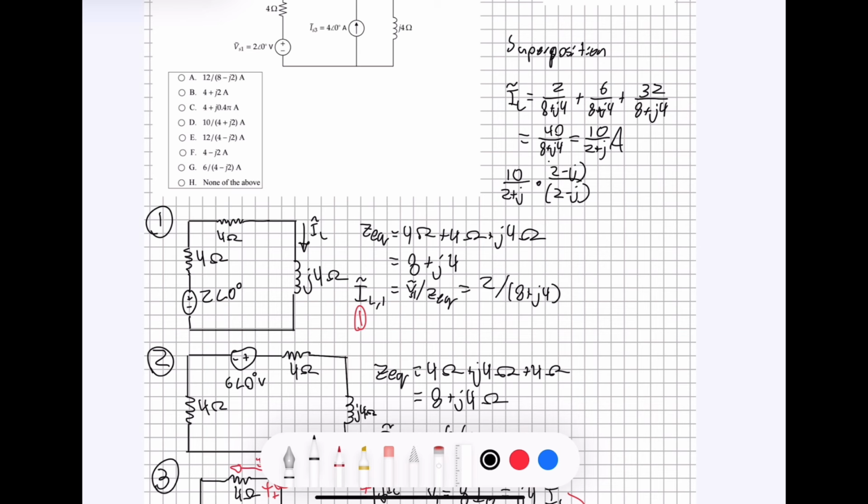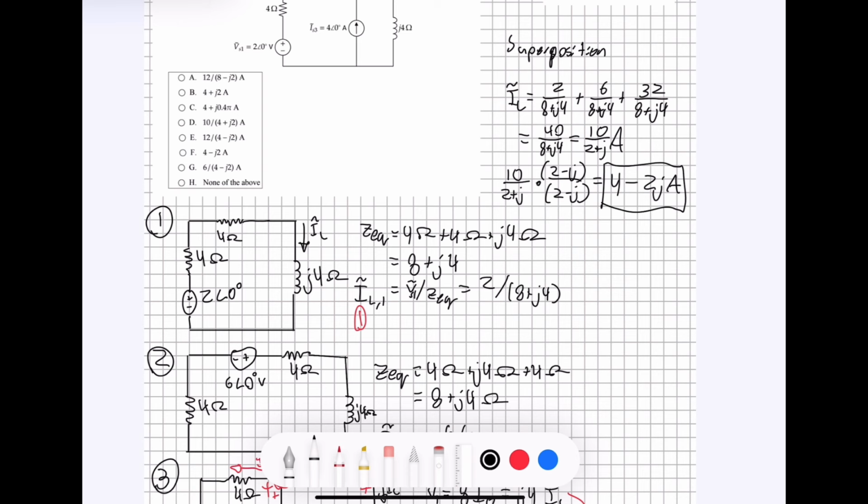And we multiply both the top and the bottom. Since the top and the bottom are equal to each other, this is basically the same as multiplying it by 1, so it doesn't change the value of the answer at all, it just changes the form. And if we do that, we're going to end up getting the answer as 4 minus 2j amps.